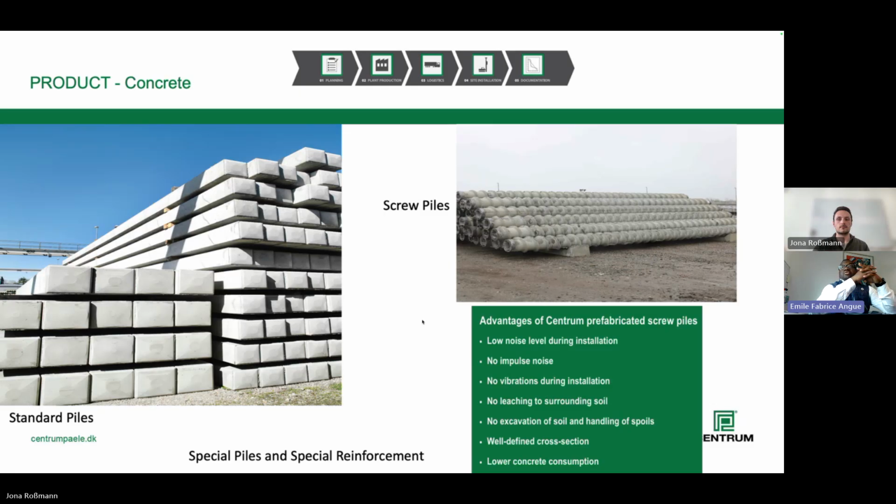It was just a solution where we think, okay, when you build a big project inside the city, to avoid noise and vibration, we try to come with that solution to our customers. So that is one, the two of many concrete products we have at Centrum Paele. The next one.